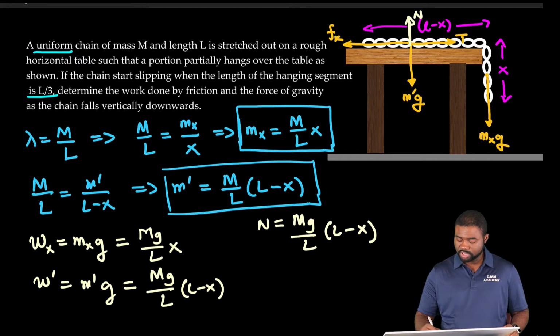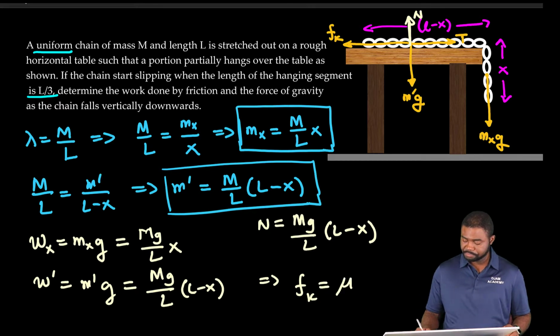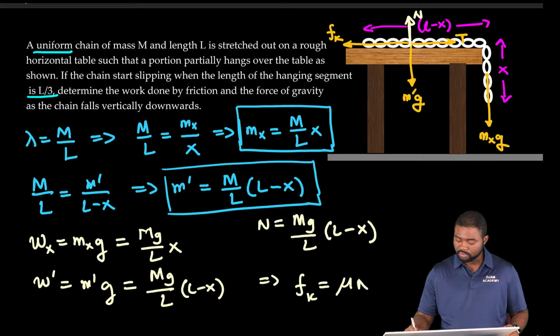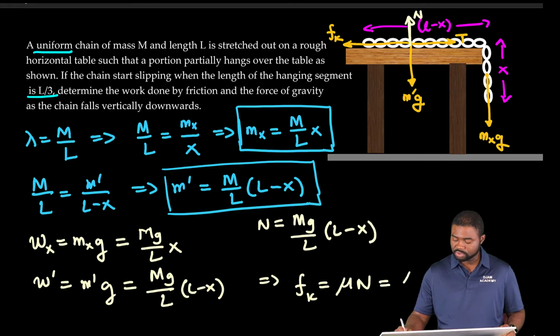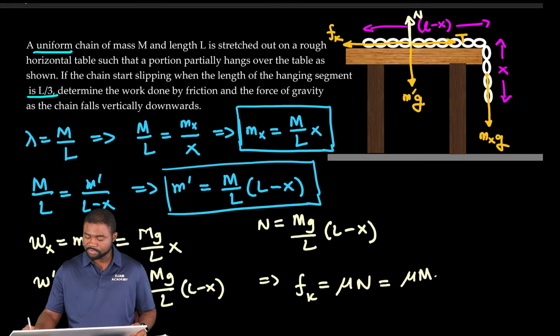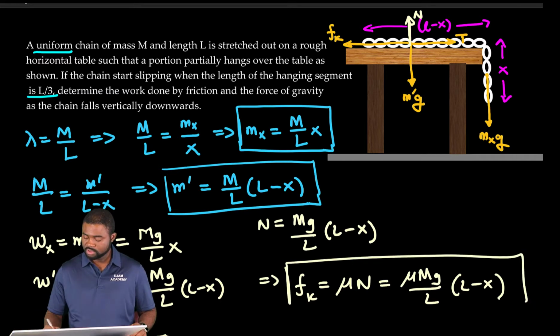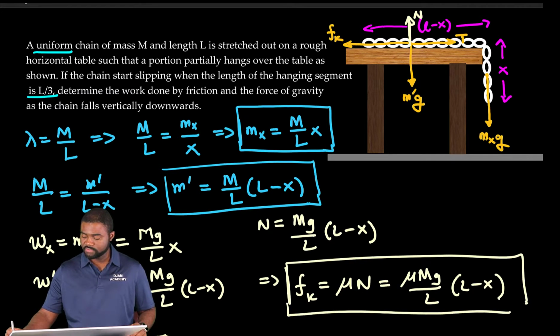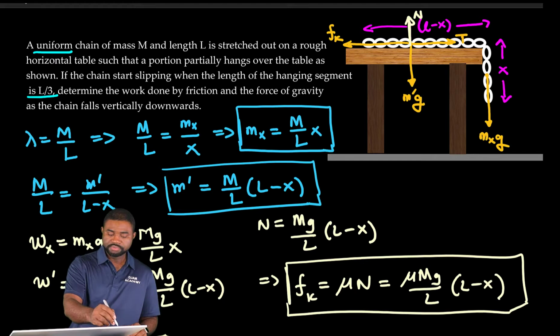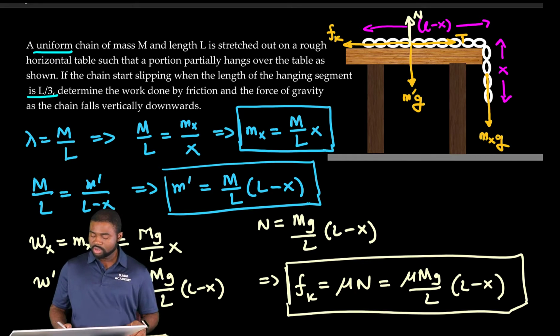So this would mean that the kinetic friction acting on the chain is equal to mu times the normal force, which will be equal to mu capital Mg over L bracket L minus x. So right here we have the expression for the kinetic friction acting on the chain lying on the table.